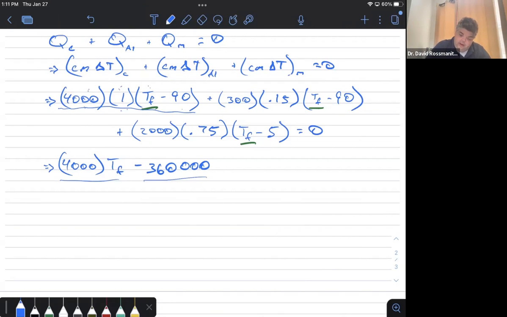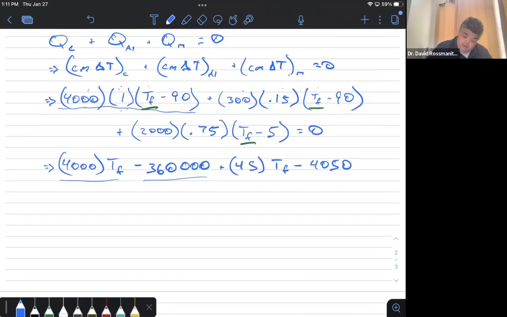Now I move on to the cup. Same way, 300 times 0.15 times TF. 300 times 0.15 gives me 45 times TF. And then 300 times 0.15 times negative 90 is 4050. So that term is done.